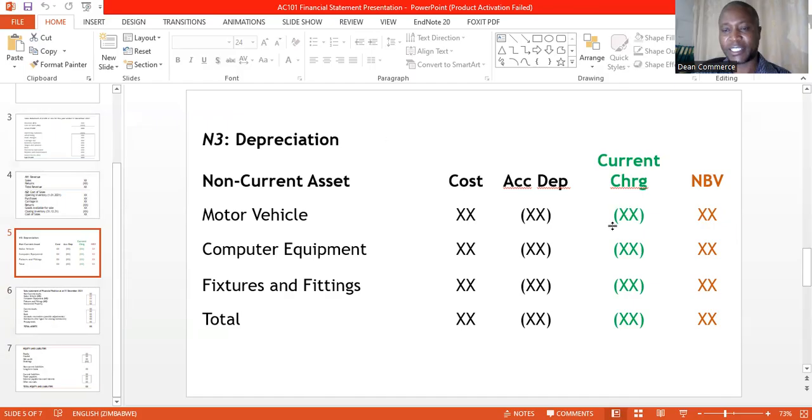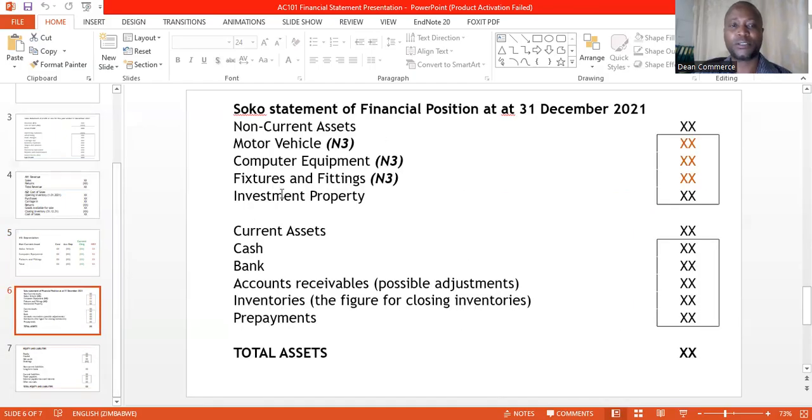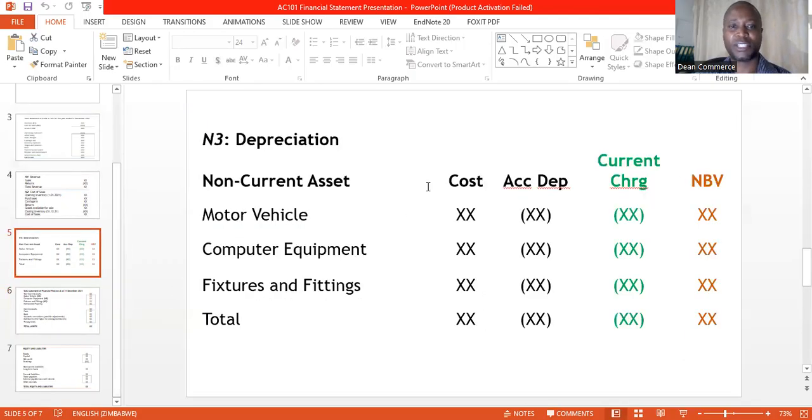Again, we deduct the current charge from the cost so that we get the net book value. The same applies with computer equipment. And remember, we are referring to note 3. It means this note 3, you have already calculated it and you know already what your book value is.